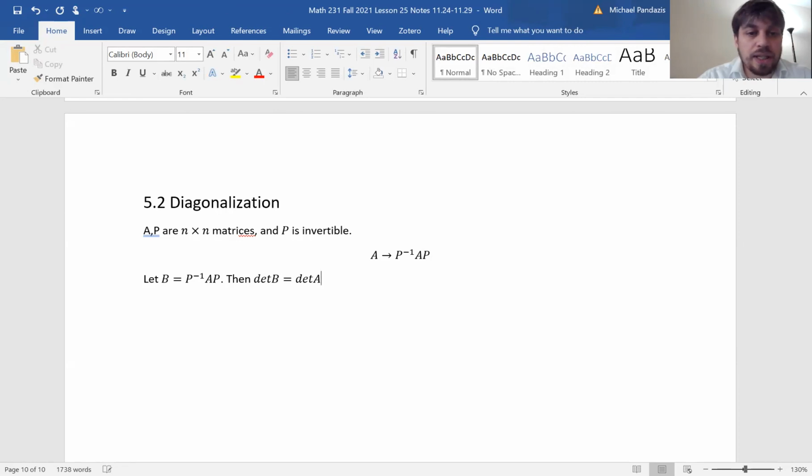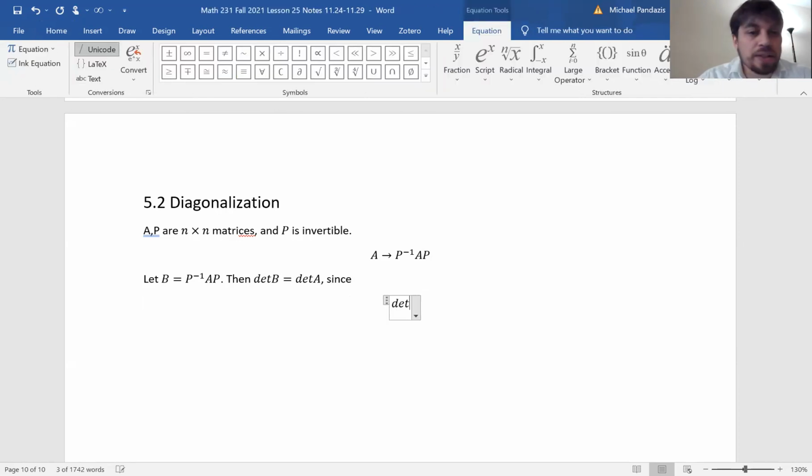This is since if you take the determinant of B, it's equal to the determinant of P inverse AP.